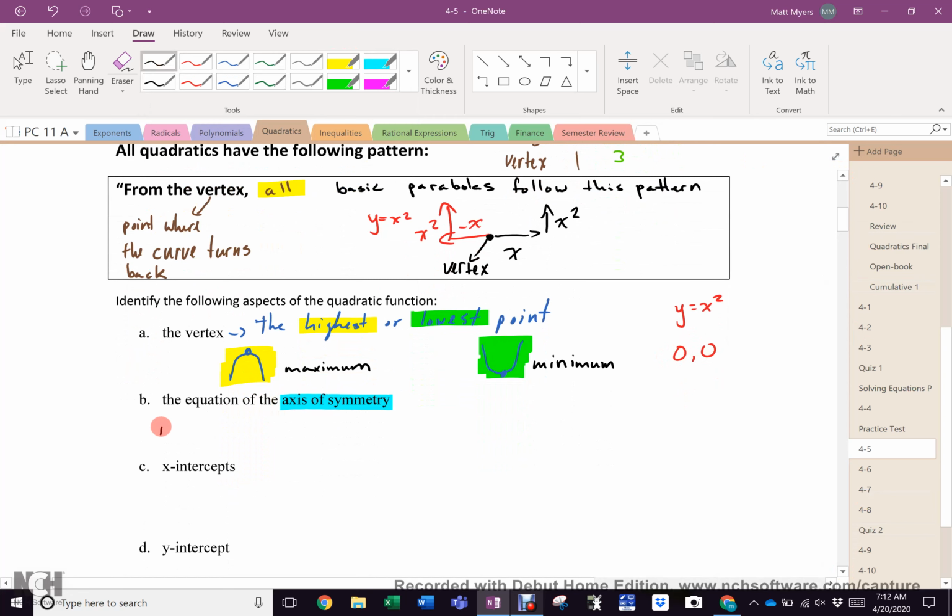That is the vertical line through the vertex. It cuts the parabola in half.